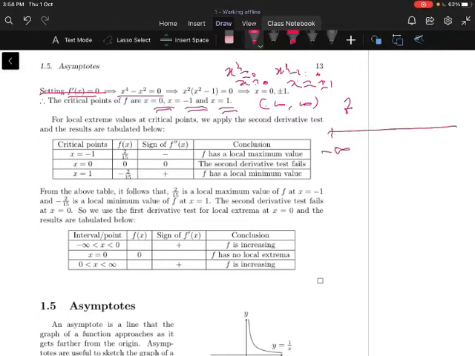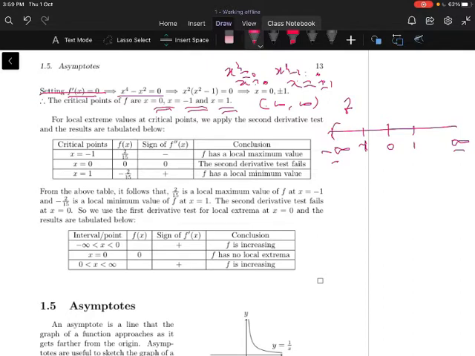The domain of the function is the whole real line, from minus infinity to plus infinity, and the middle value of the interval is 0.